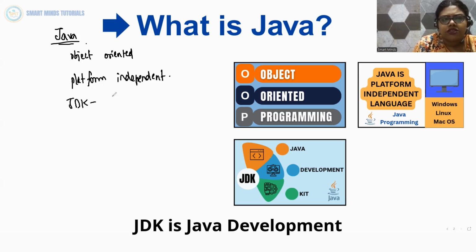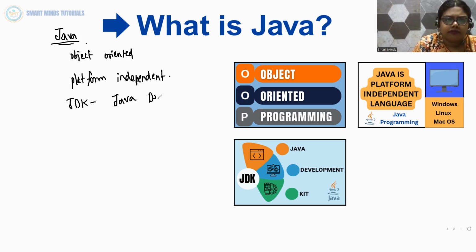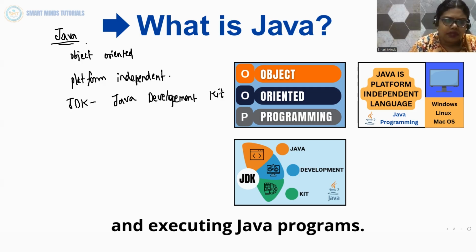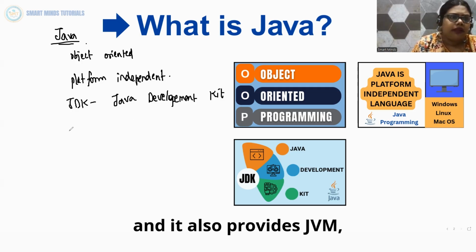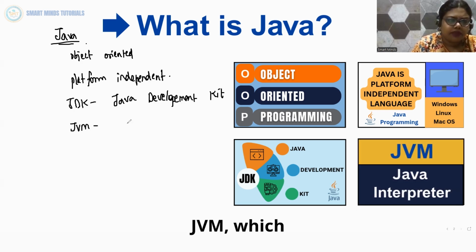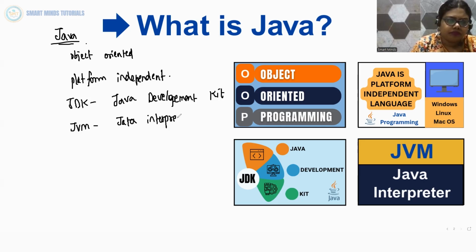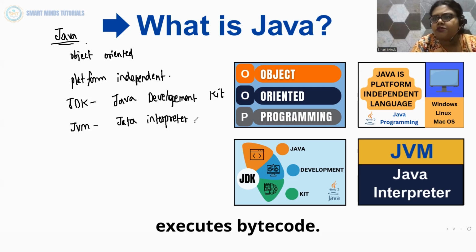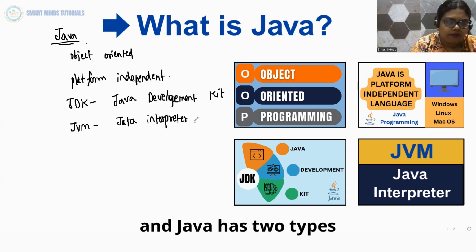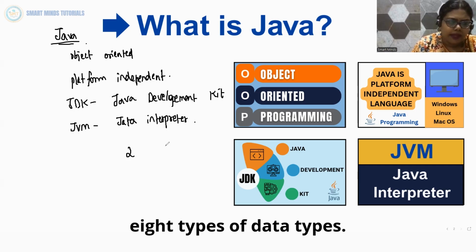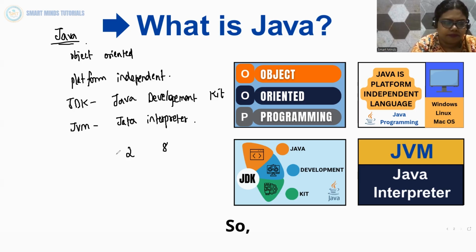JDK is Java Development Kit, that contains tools for developing and executing Java programs. And it also provides JVM, which is a Java interpreter that executes bytecode. And Java has two types of constants and 8 types of data types.